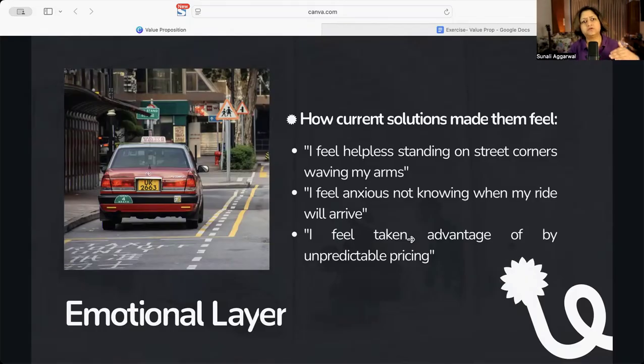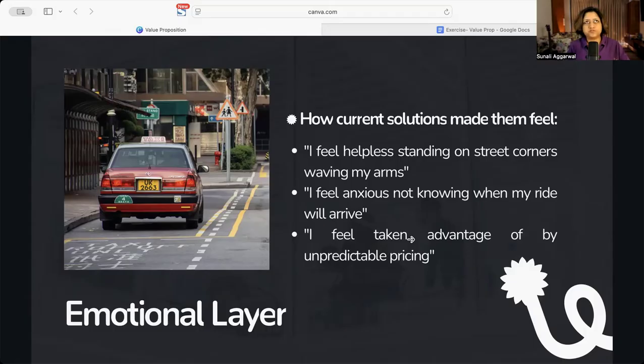So imagine you're in New York City and there are taxis going back and forth. To hail a cab, you need to wave at these cabs and then they stop or they don't stop, depending upon whether they're already servicing customers. And how does this make somebody feel? It makes them feel anxious, not knowing when I will get a ride.